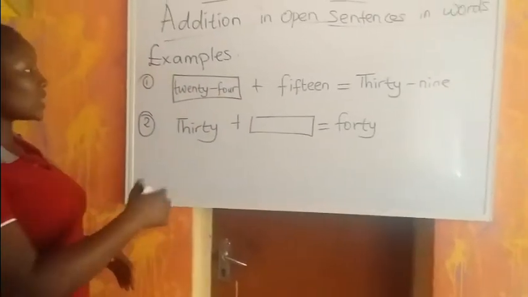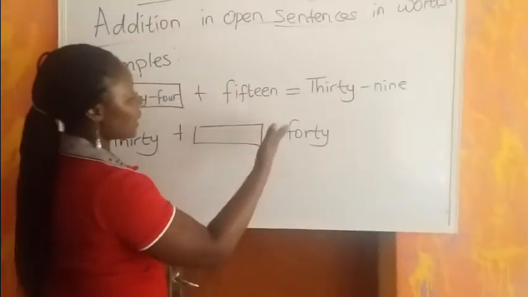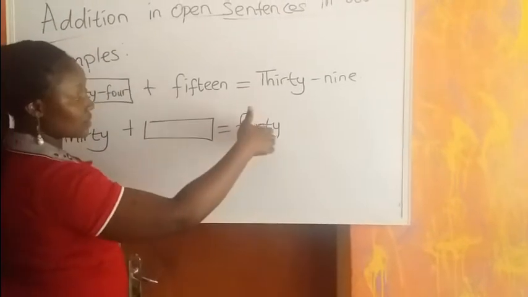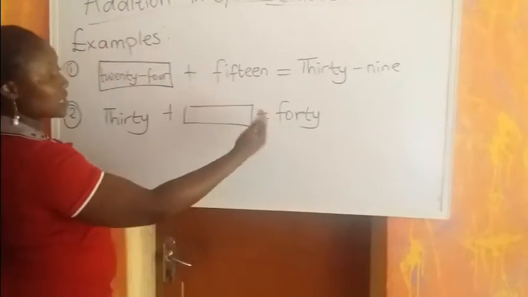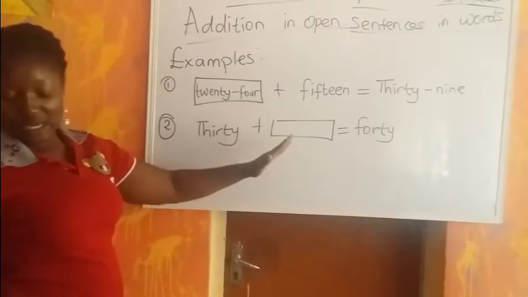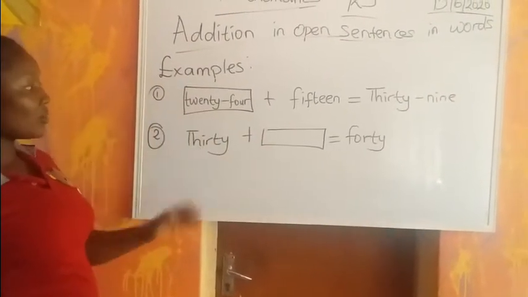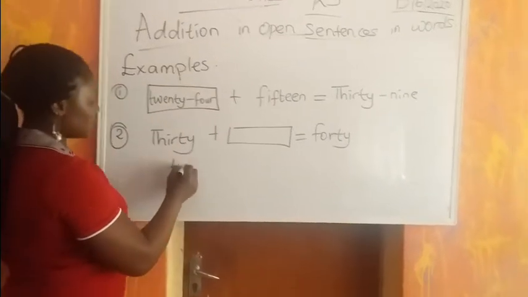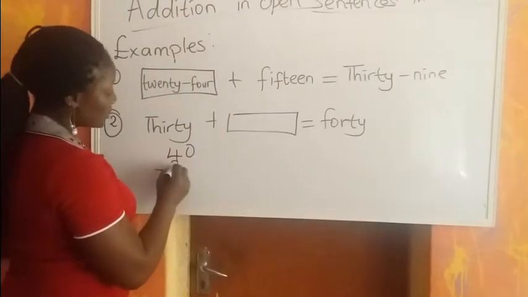And as I said earlier on, when we have our answer after the equal sign, it means we are taking away the other smaller number. So we will say 40 minus 30.